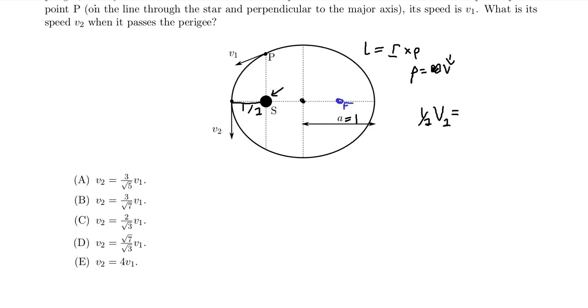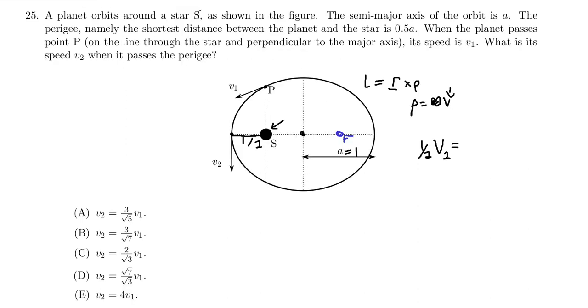So what we want to do first is figure out what the semi-minor axis is. That would be this length. To do that, we can draw lines from this point, which I'll call point C, to both of the foci.